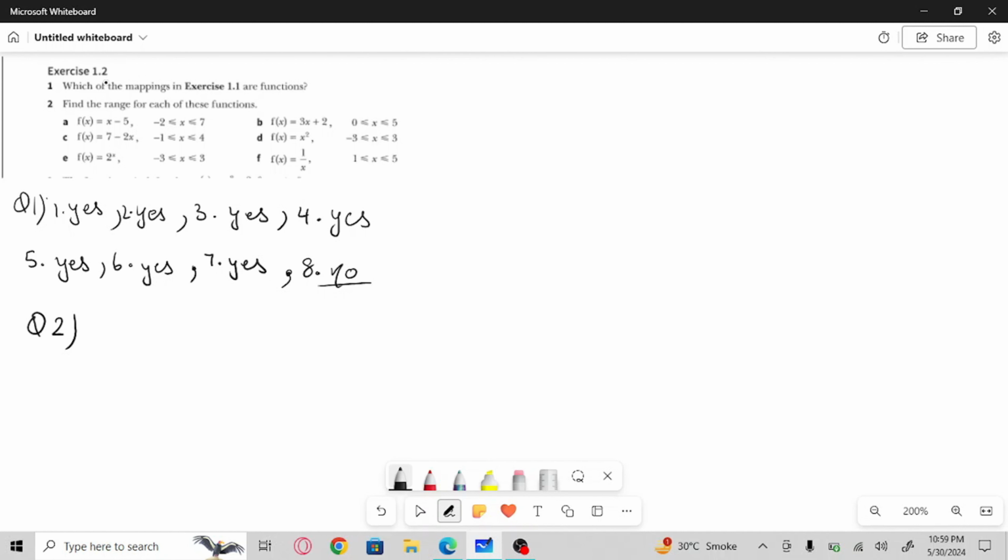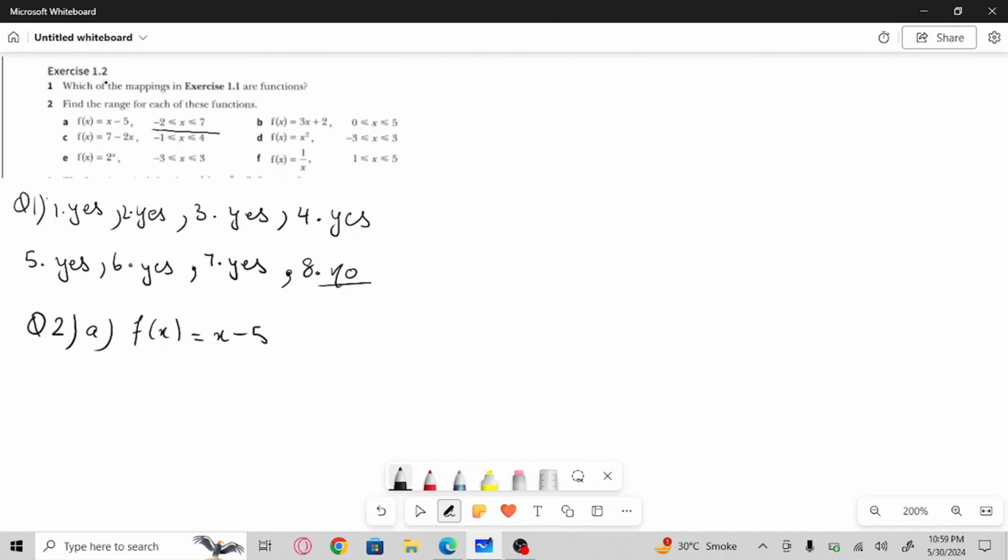So for question number 2a, we are given the function f(x) equals x minus 5 for x greater than or equal to -2 and less than or equal to positive 7.